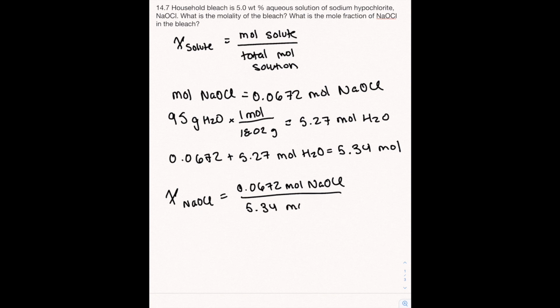And if you plug that into your calculator, you'll get 0.0013. And this does not have a unit because the moles cancel out.